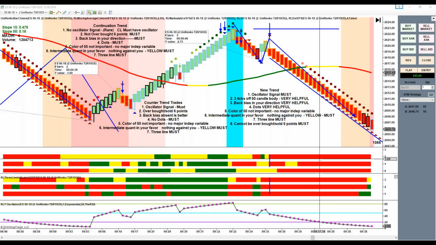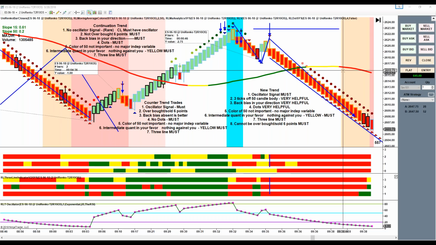Now the crude quant is an if. Right now it's moving slow. You can get great trades without it, but if you have it, it's better. If you have background bias, it's better, but it's not absolutely necessary. Remember, it depends upon your strategy.